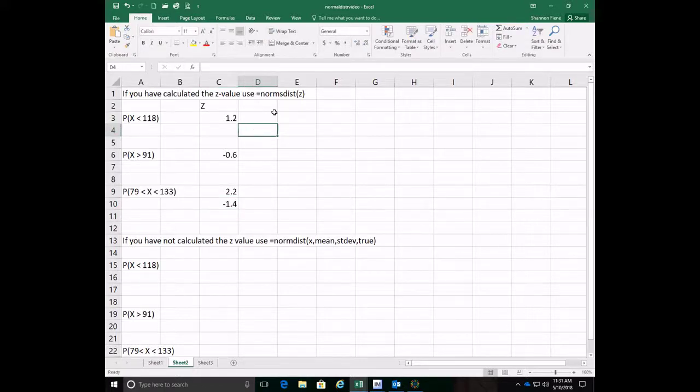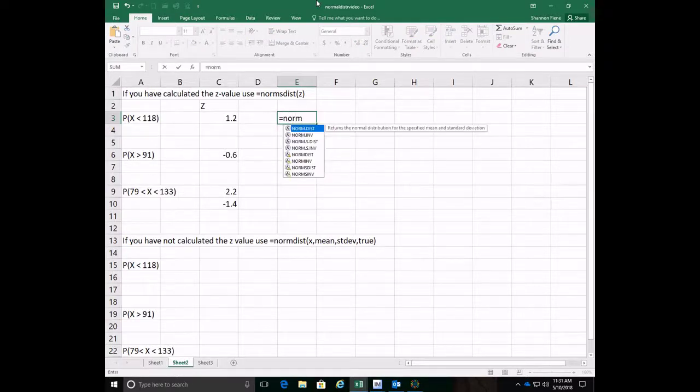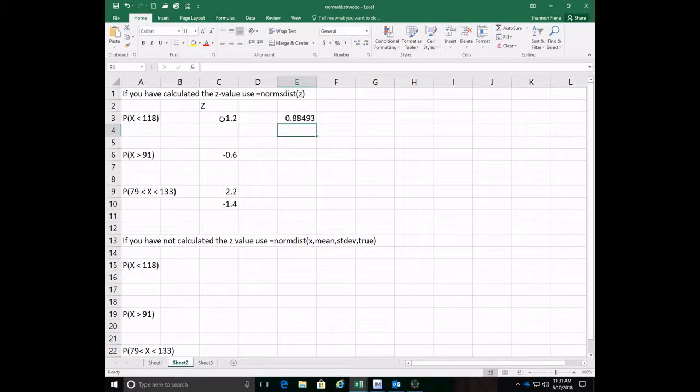All right, so if we use our z-value, we're just going to come over here and use the built-in function NORM.S.DIST. So it's NORM for the normal distribution with an S, that means standard, and then DIST, open parentheses. And now I would just punch in my number, or in this case I can just click here and it returns my value. Notice that this was a left tail test, in other words it's less than, so we use this value.